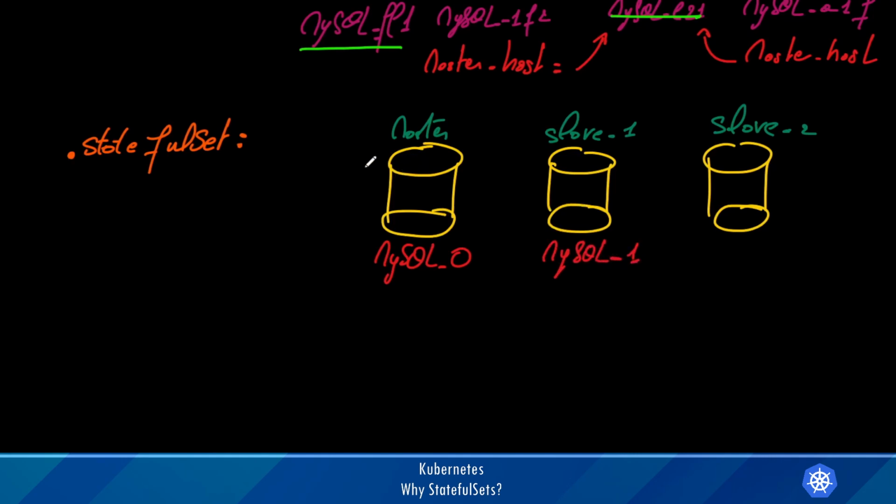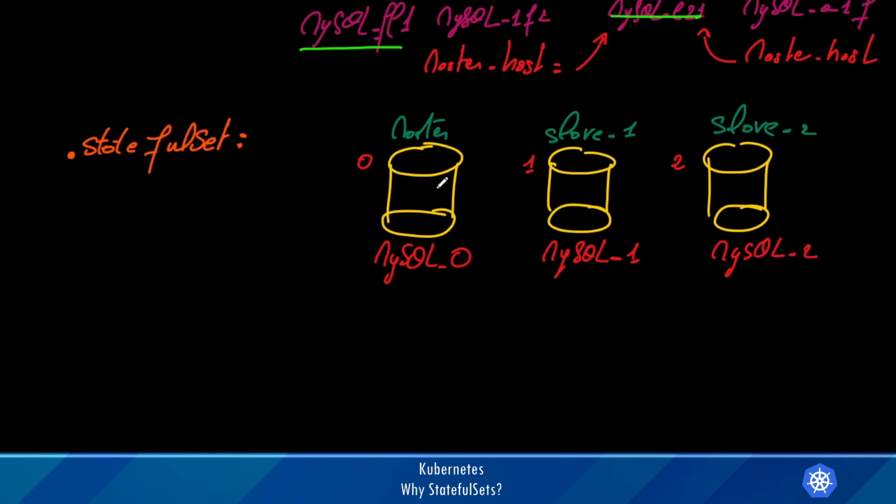So the StatefulSet will give this one an index of 0, and for the second one the index will be 1. The index given to each pod will be incremented by 1. So we have mysql-0 for the master, mysql-1 for slave 1, and mysql-2 for slave 2.